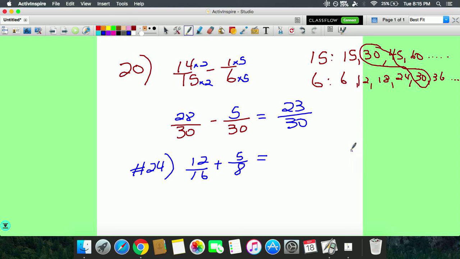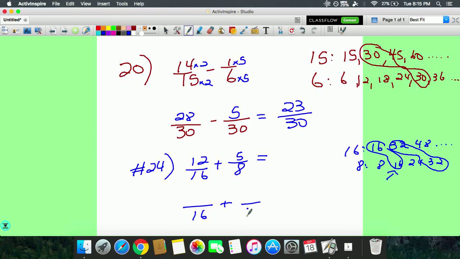And again, LCM. 16 times 1 is 16, times 2 is 32, times 3 is 48, etc. 8 times 1 is 8, 16, 24, 32, and you can tell that they share the 16, they share the 32, and they share many more, but we're going to pick the 16 because it's the smallest.